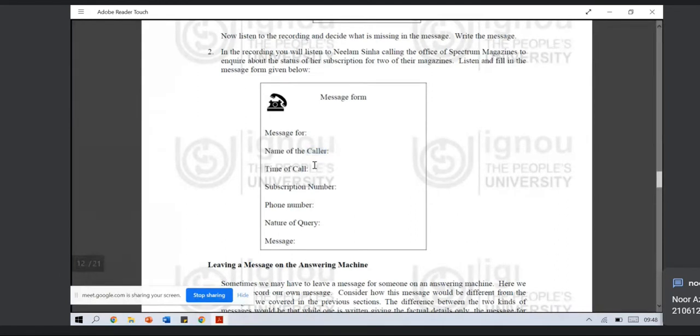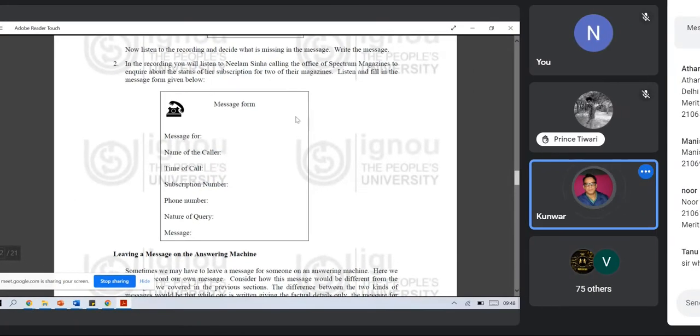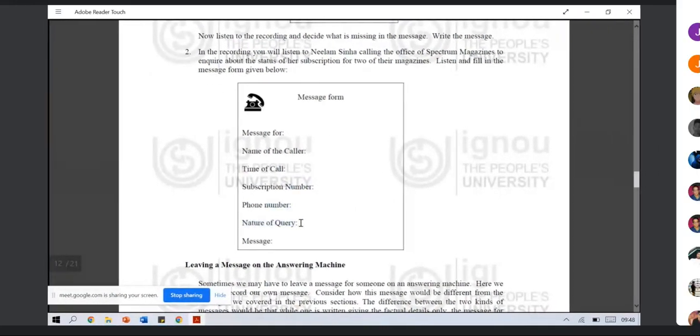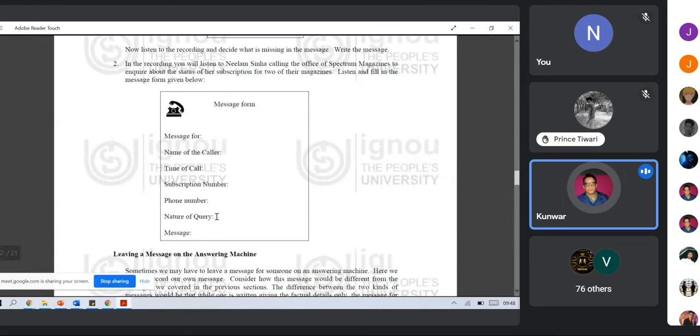The bot will record the time of call and your subscription number, like your phone number. If you're calling Vodafone through that number, the bot will check in that database whether you are already a customer or not. They have a certain internal number, subscription number, or phone number. For nature of query, you will select the IVR option, and a message.